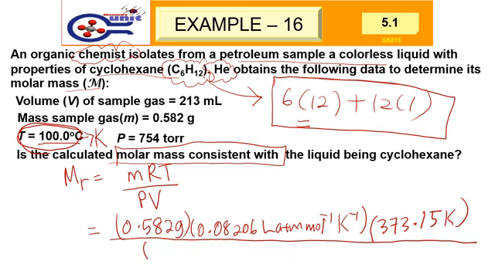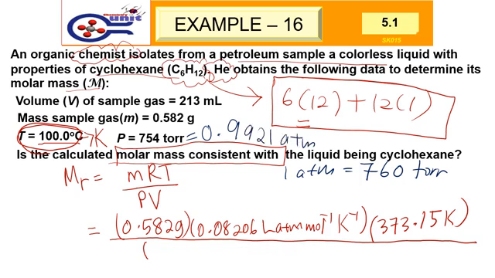So, boleh kita substitute into the formula? Kena convert unit. Okay, how to convert the unit? Ingat lagi tak tadi? Saya cakap dah tadi. Kalau 1 ATM is equals to 760 torr. So, how to convert? 754 divided by 760. So, dapat 0.9921 ATM.